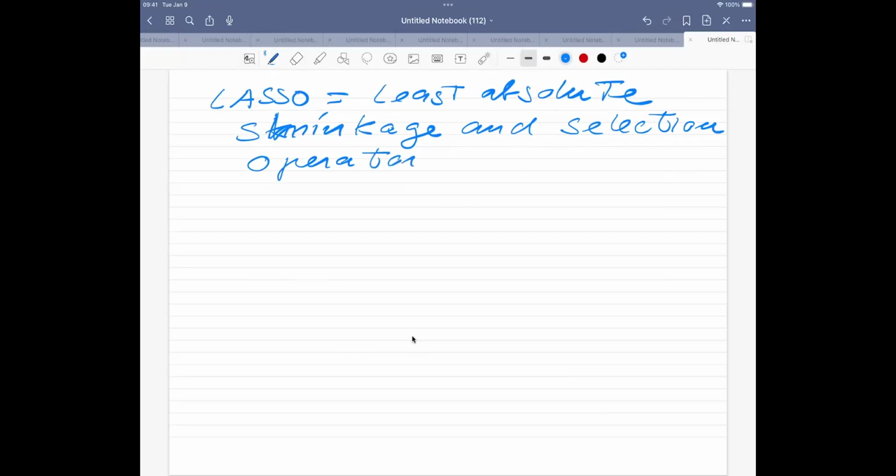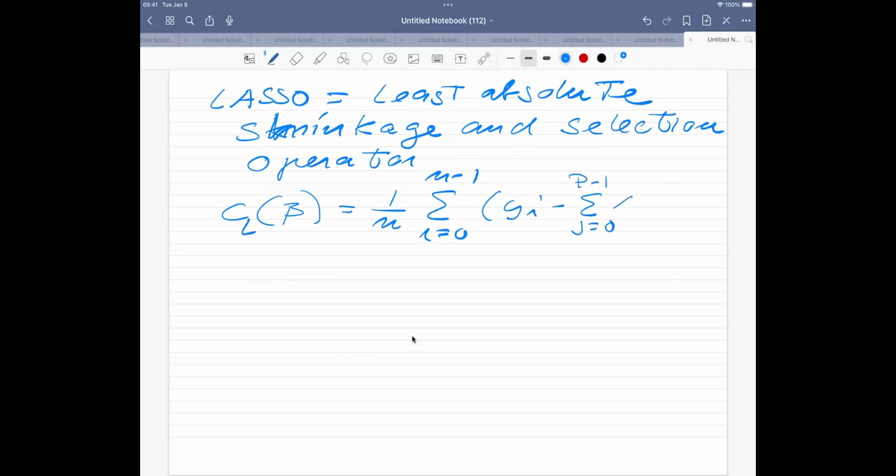So in that particular case, we are optimizing the function. We call this an L here, just for Lasso. And this is, again, the mean squared error of y0 up to n minus 1. Now I'm just writing this in the general way: the sum over j up to p minus 1 of x ij times beta j, squared.